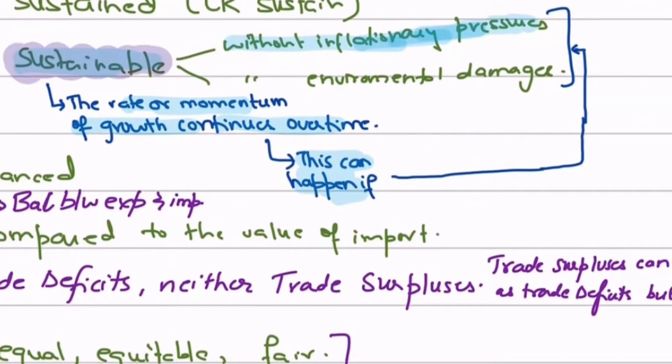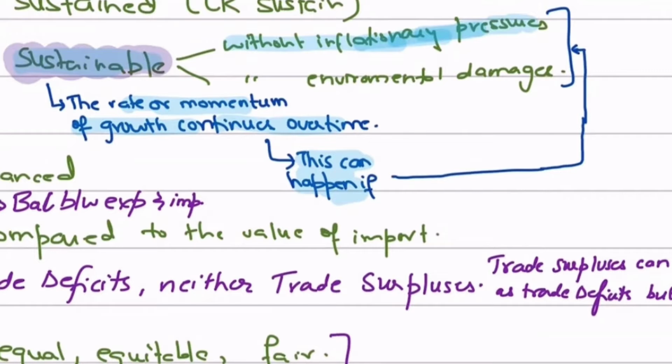A sustainable economic growth rate actually means that देखें अगर आपकी temporary growth आ रही, let's say Pakistan just goes through a temporary boost in GDP, and we know that that growth rate is not sustainable because we can foresee inflation as well. So a high economic growth rate that is quite temporary, accompanied by huge inflationary pressures, is not a sustainable growth rate.